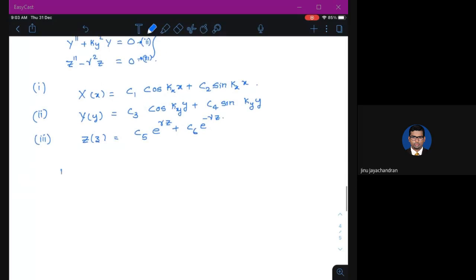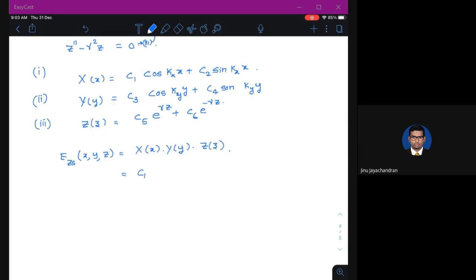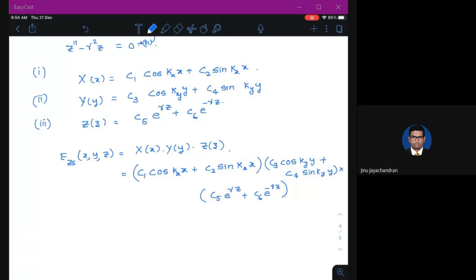So your expression for Ezs of x comma y comma z is equal to X of x into Y of y into Z of z, which is equal to C1 cos kx x plus C2 sin kx x multiplied by C3 cos ky y plus C4 sin ky y multiplied by C5 e raised to gamma z plus C6 e raised to minus gamma z.